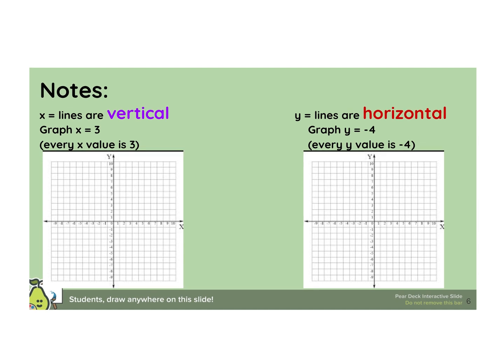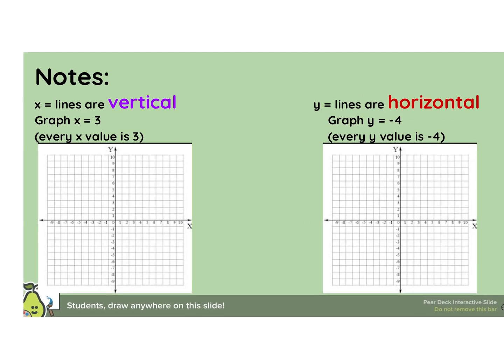Also in this lesson, we're going to be exposed to types of lines we've never seen before. So when you have a line that just says x equals and then a number, so it's an x equals line, that's going to be vertical. So an example would be if I have x equals 3, I'm going to go to 3 on the x-axis and put a point.